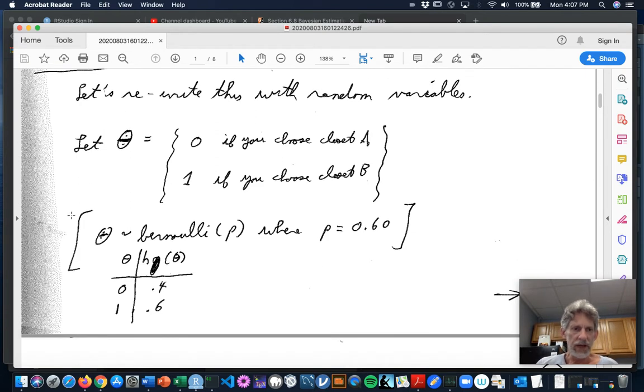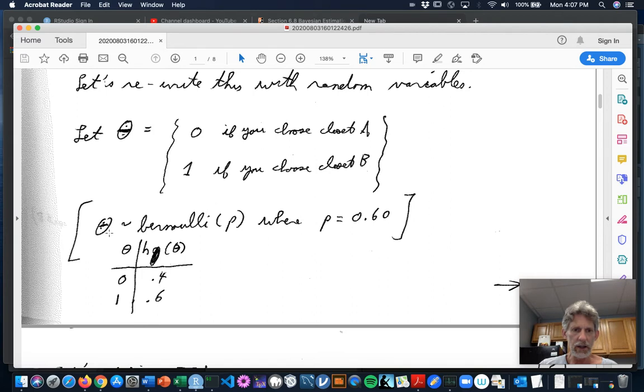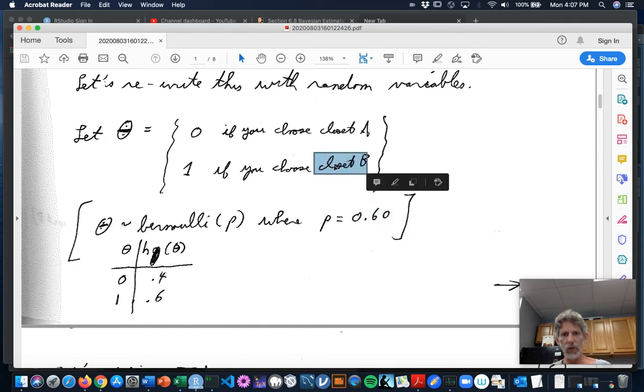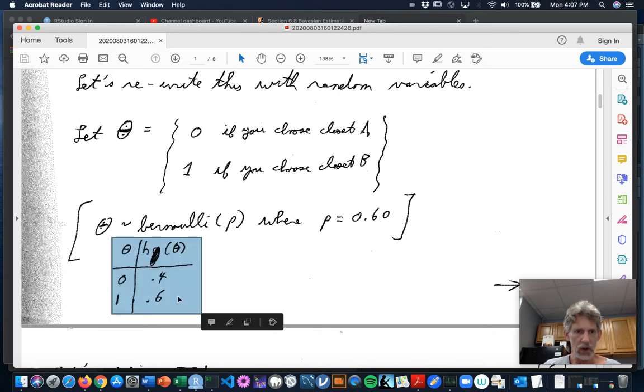Well, notice that capital theta is Bernoulli with a parameter P equal to 0.6, okay? Just the way, I'm sorry, that's 0.4. That is a typo. The parameter P is 0.4 because it's a 1 if you get closet B. And so this is also wrong.